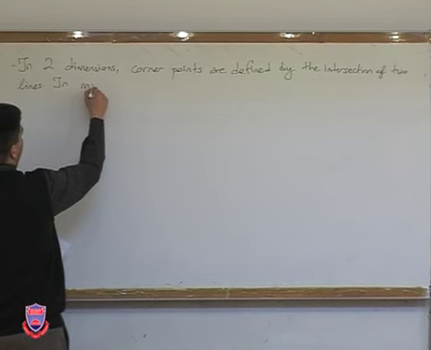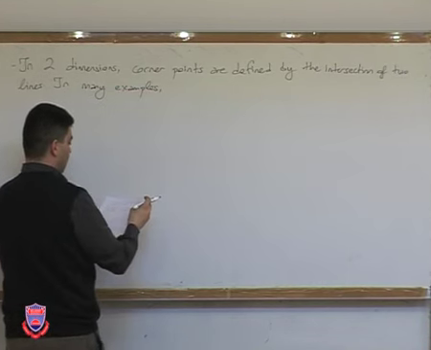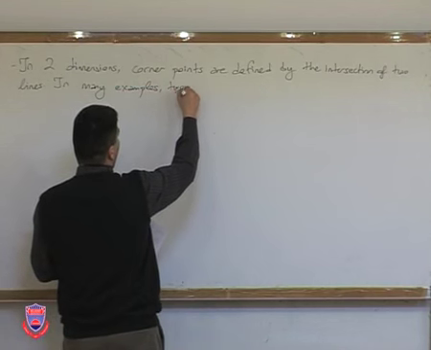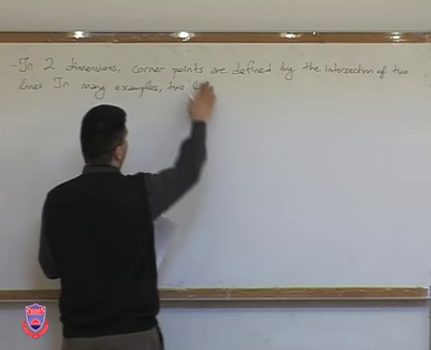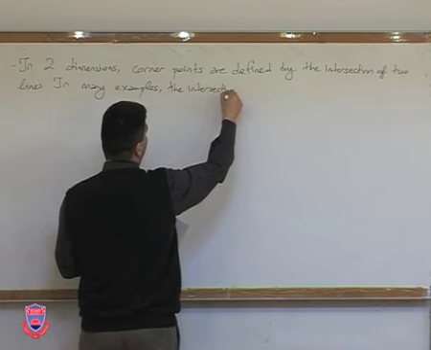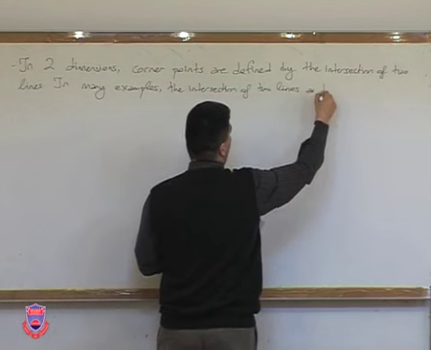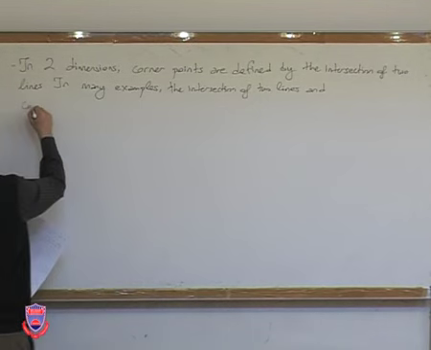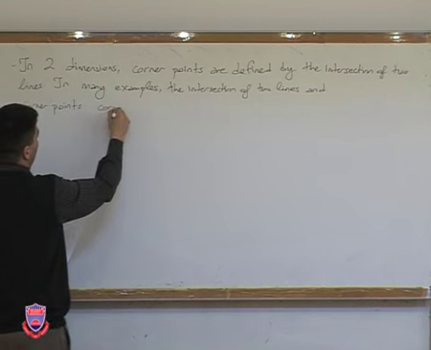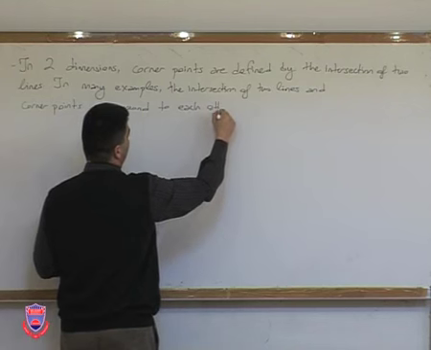So, in many examples, the intersection of two lines and corner points correspond to each other in a unique way.